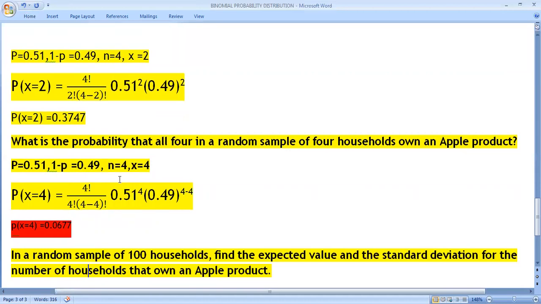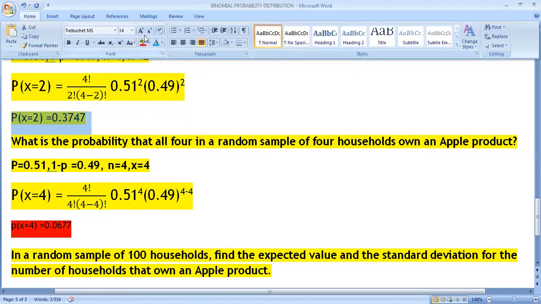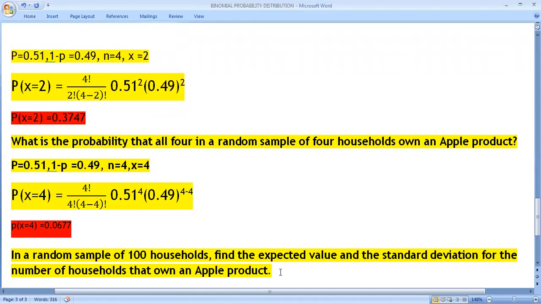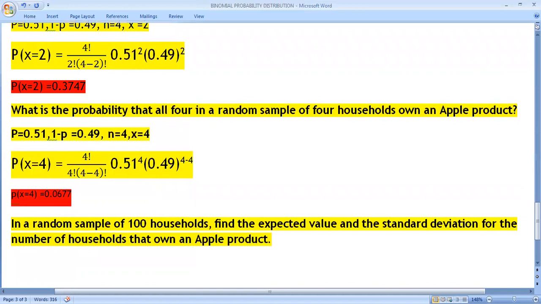In a random sample of 100 households, find the expected value and the standard deviation for the number of households that own an Apple product. They want us to calculate the expected value.